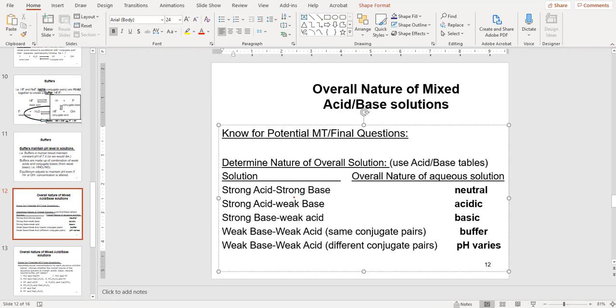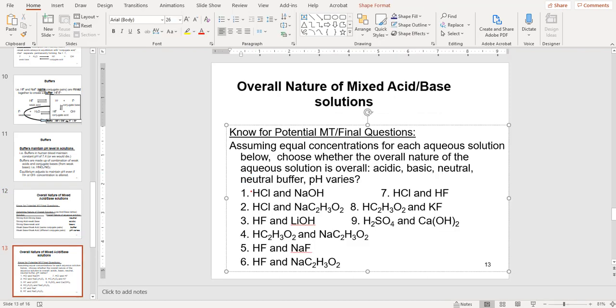So the previous slides talk about these acid and base reactions, and once you've learned the principles of it, you'll apply it here and memorize the overall nature of the solution, whether it's neutral, acidic, basic, buffer, or pH varies. Why would I do that? Because eventually I'll be asking you questions like these and say something like, assume equal concentrations of each aqueous solution.